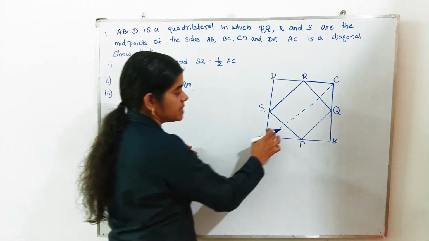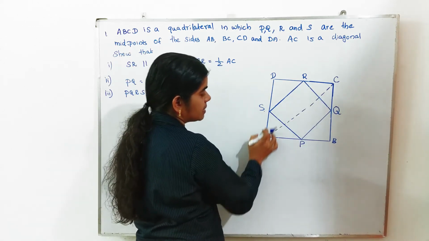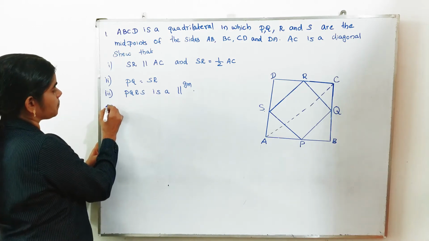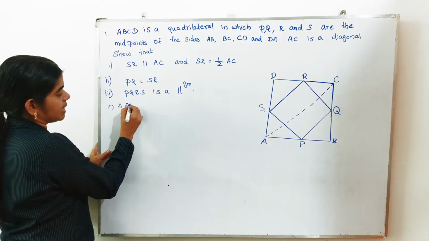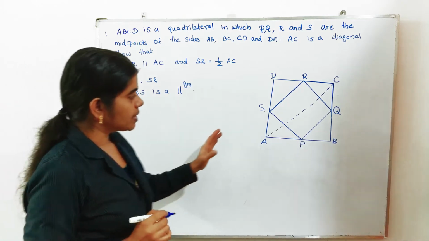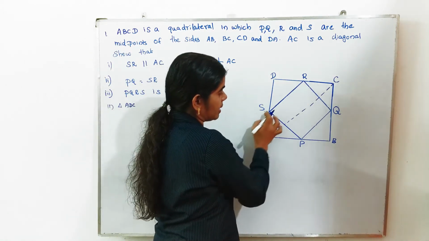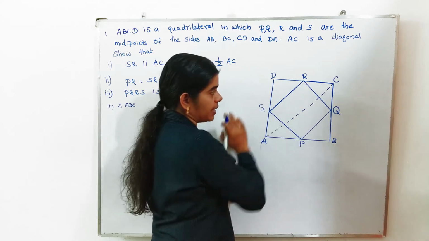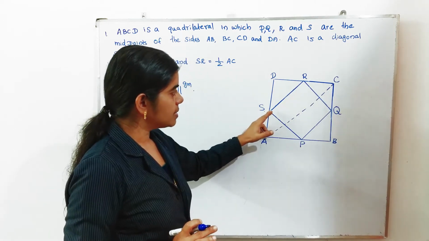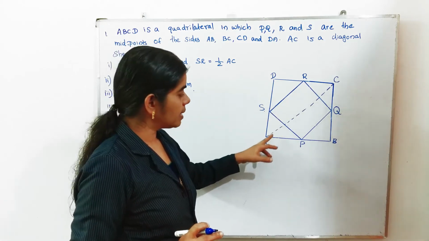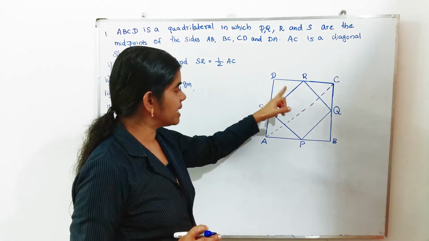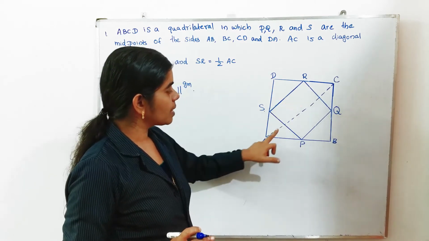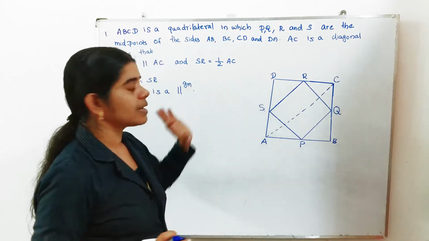For this, we first join the diagonal AC and take the triangle ADC. In triangle ADC, we know that R and S are the midpoints of the sides CD and AD. We are joining S and R, and AC also we joined. In triangle ADC, by the midpoint theorem, we can say SR is parallel to AC and SR is equal to half AC.